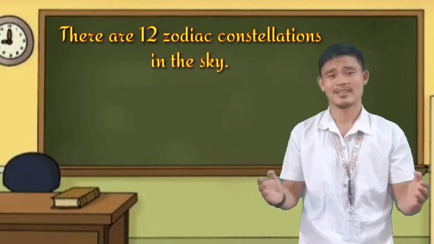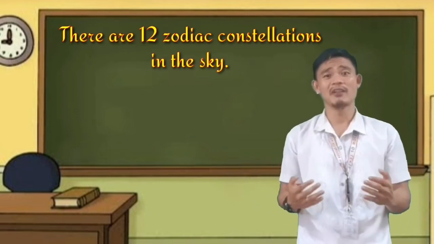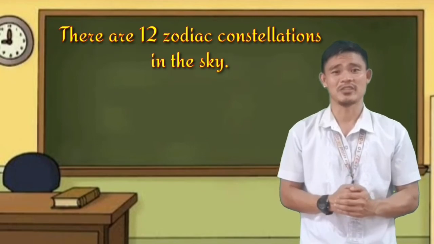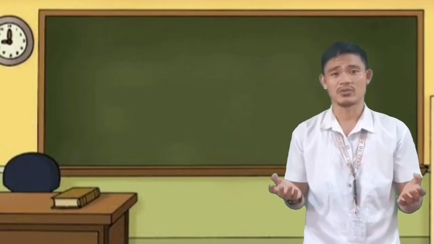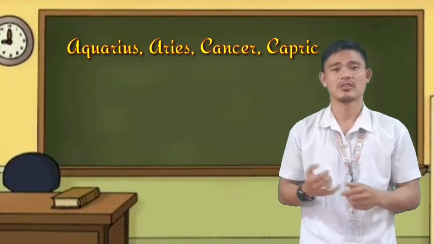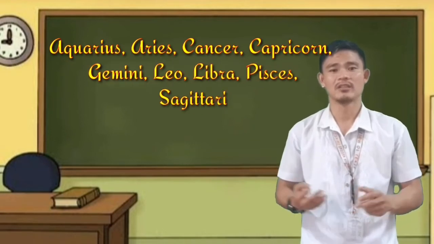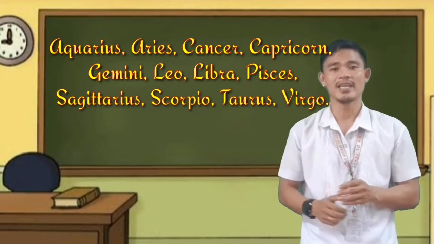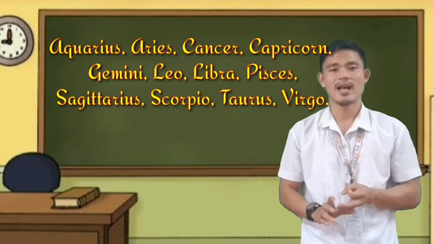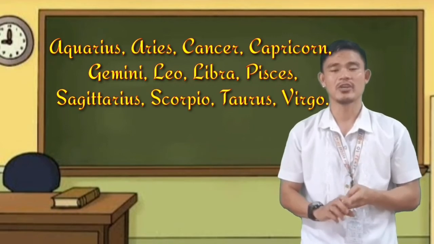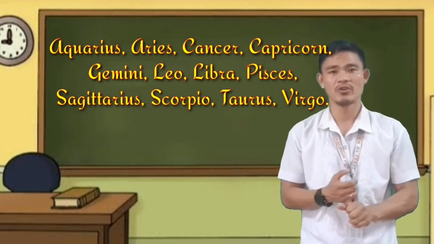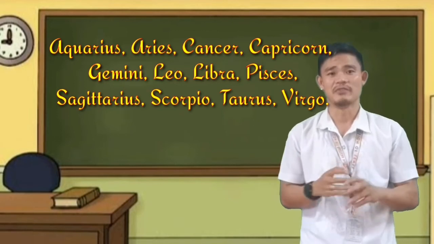Correct. There are 12 zodiac constellations. What are those? Aquarius, Aries, Cancer, Capricorn, Gemini, Leo, Libra, Pisces, Sagittarius, Scorpio, Taurus, and Virgo. Very good.